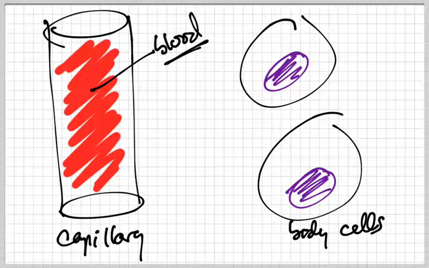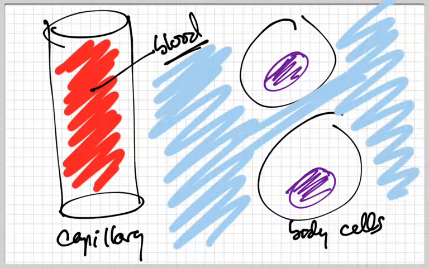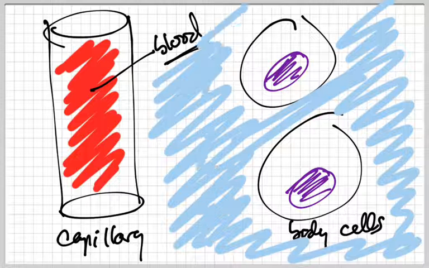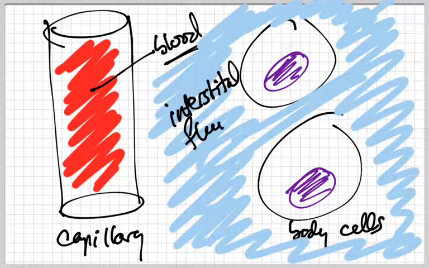What surrounds our body cells instead is this fluid, and this is what I'm shading here. This fluid is actually what bathes our body cells, and this fluid is called interstitial fluid.